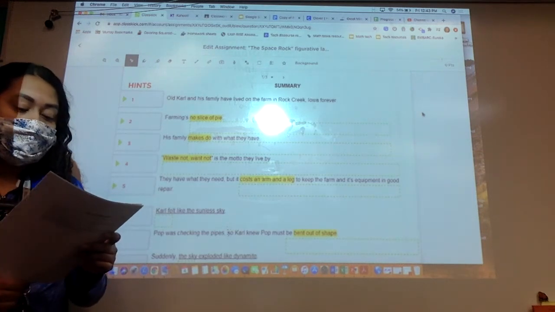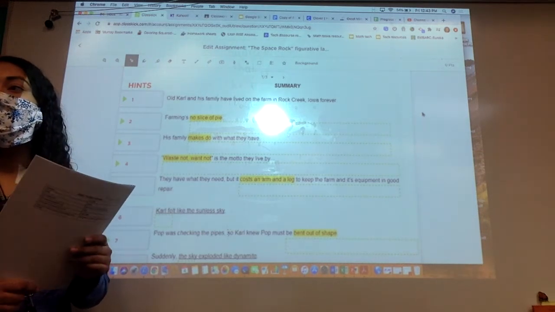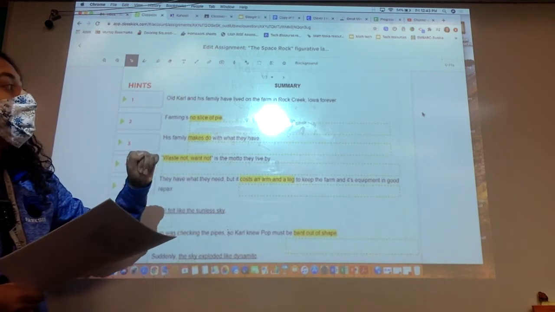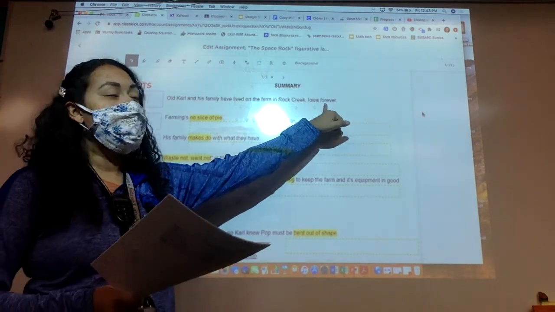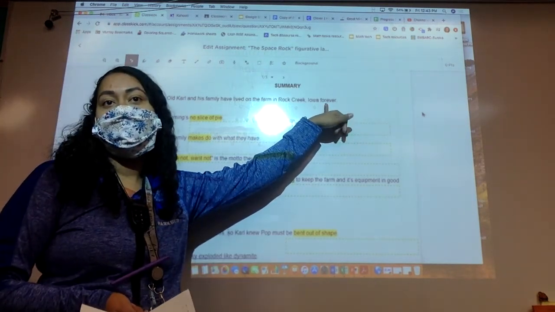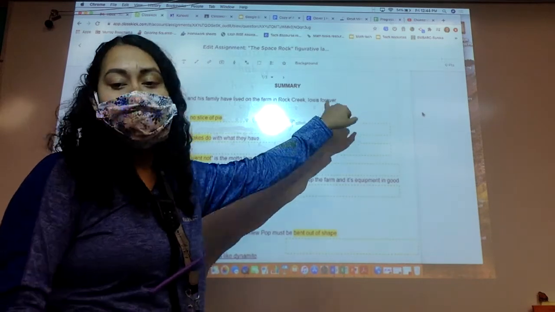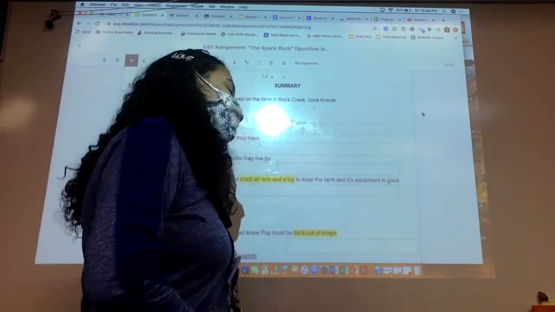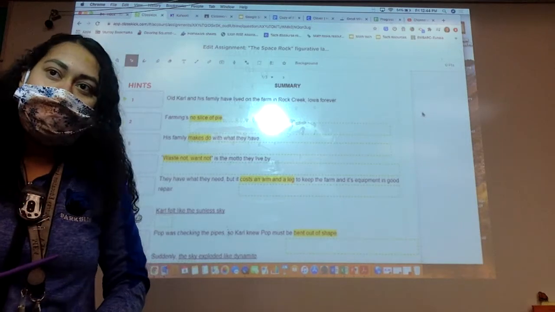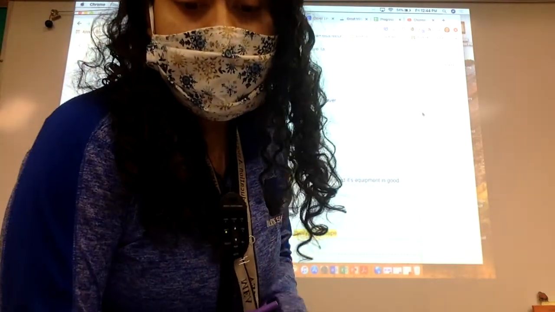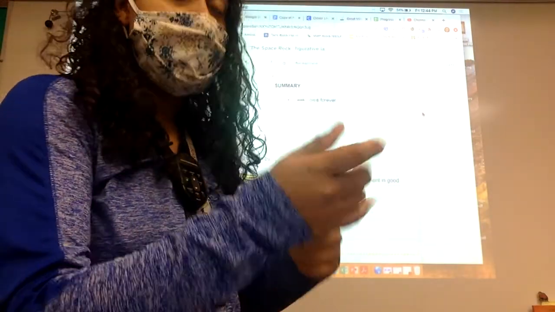A hyperbole? Where's the hyperbole? They say they've lived in Iowa forever. Have they literally lived forever? No, they can't really live in Iowa forever because nobody lives forever. So we should highlight it in green.